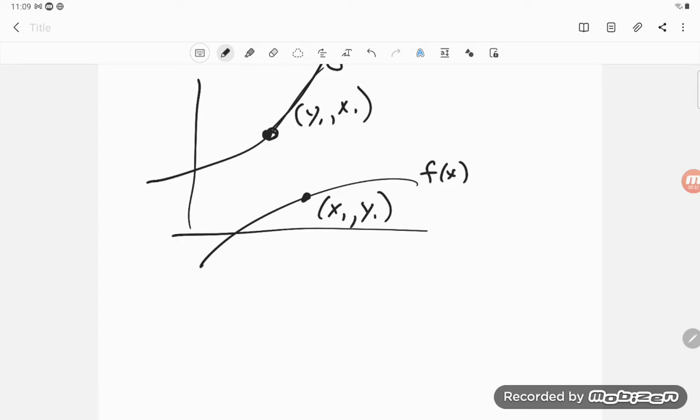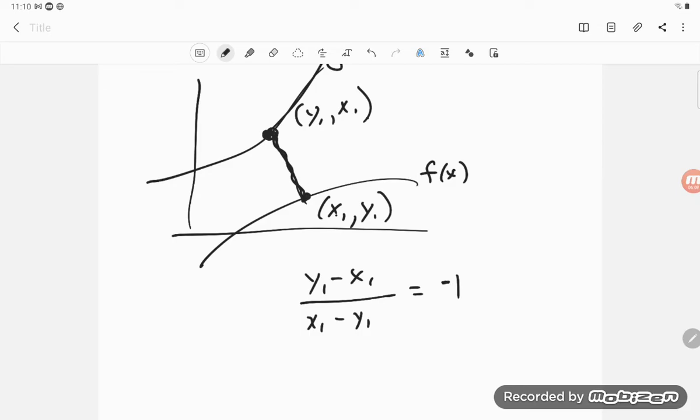If we look at the slope of that line, I get it by taking the difference in the second coordinates, y1 minus x1, divided by the difference in the first coordinates, x1 minus y1. And that slope is equal to -1.